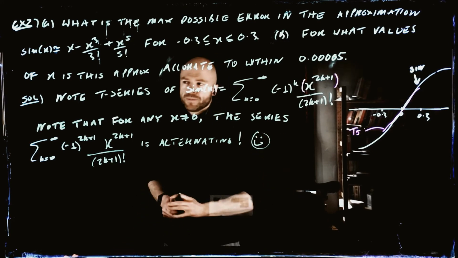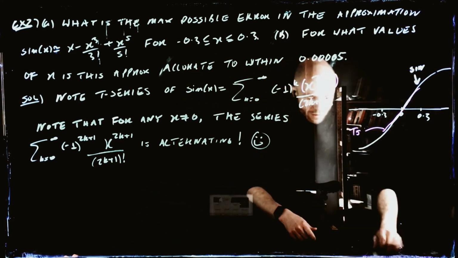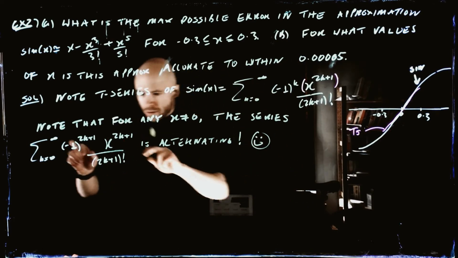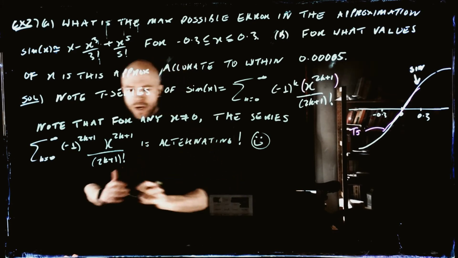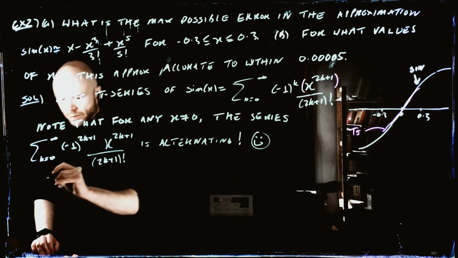Which is good news. Okay, so once you pick your x, when you look at the series, it's an alternating series. Yeah? So, we can apply the alternating series error approximation.